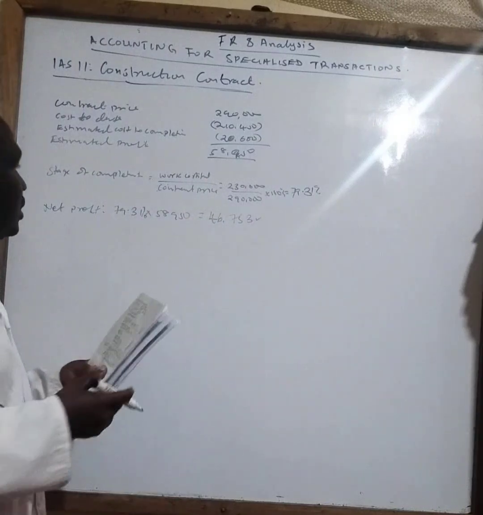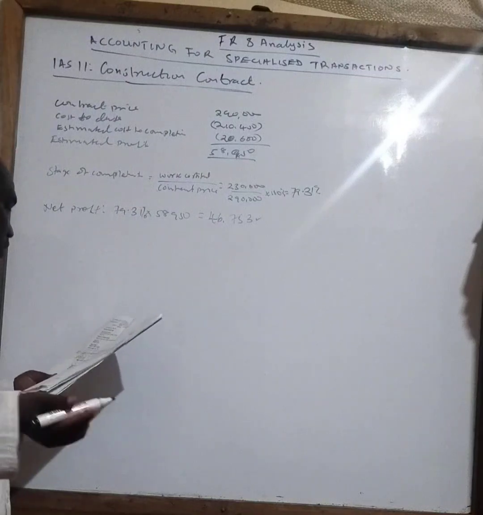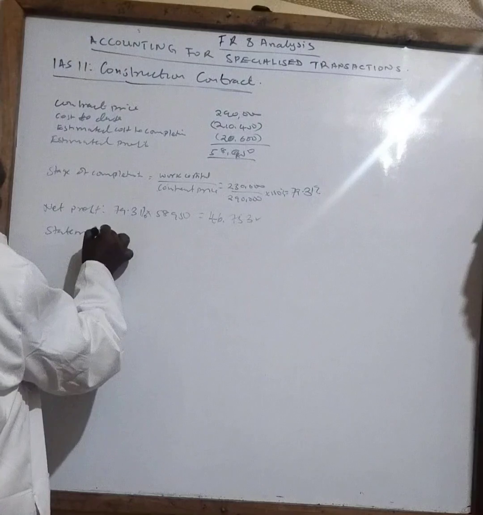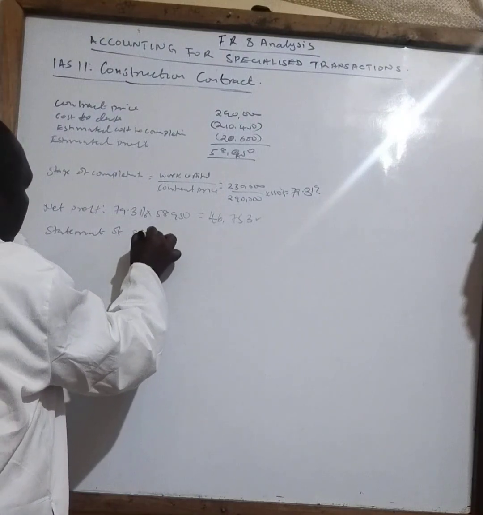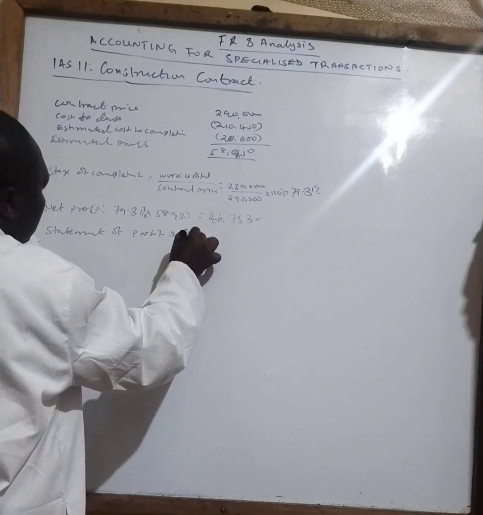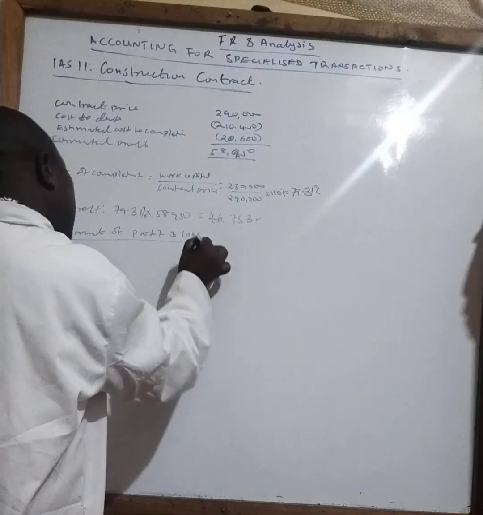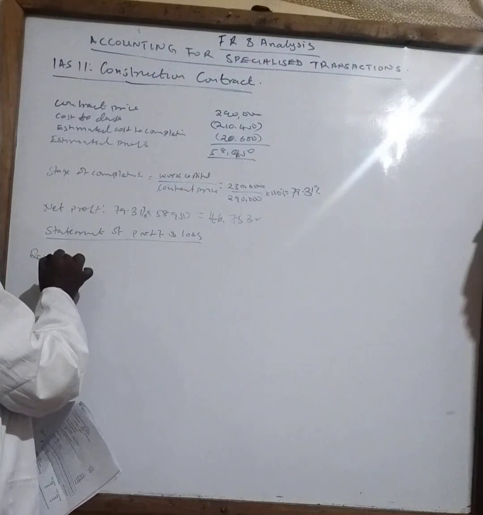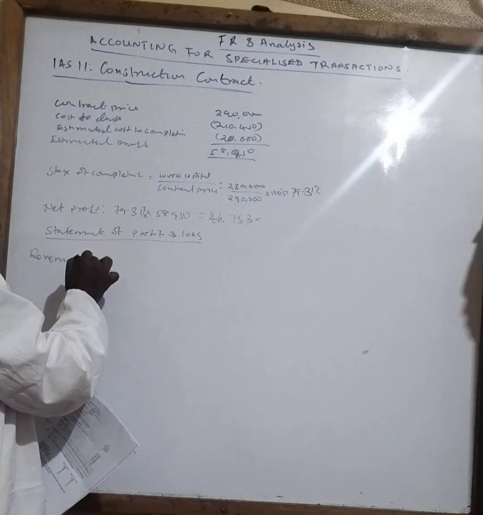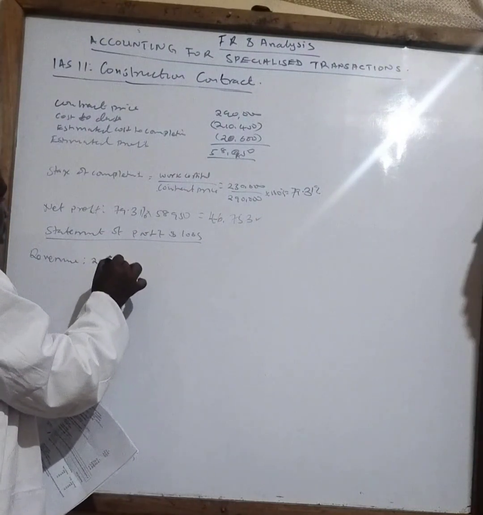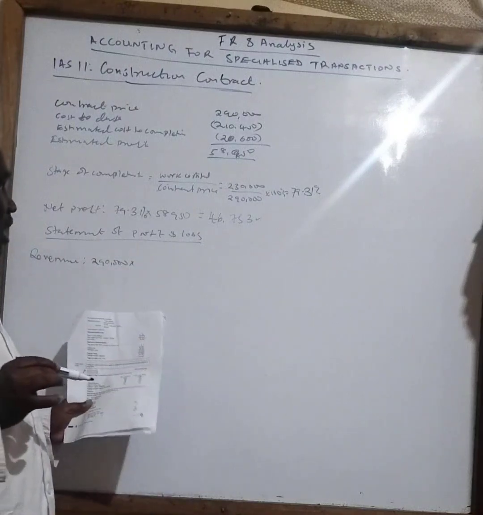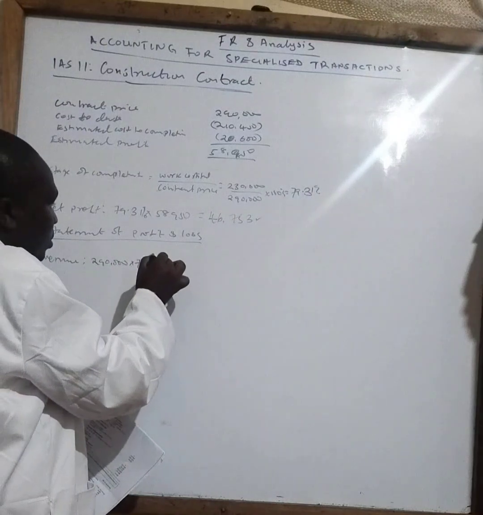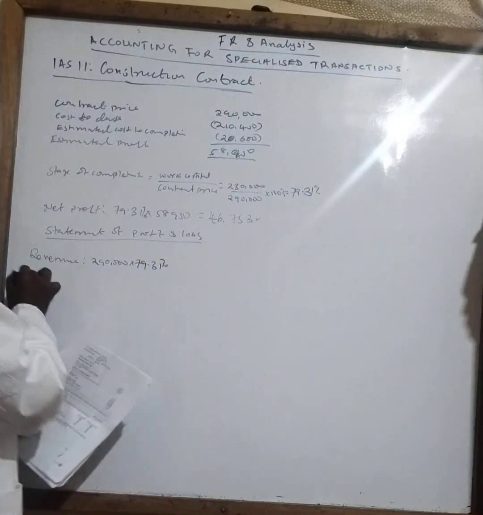Now, if you want to prove whether it is correct, you can go and prove this. Number one is very simple. So you can now say statement of profit and loss. You will have now revenue. How much is the revenue? 290,000. But you are not recognizing all. You only recognize 79.31%.